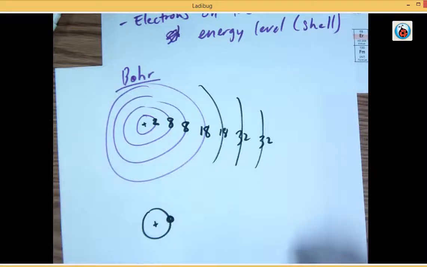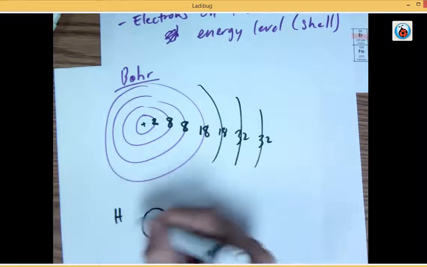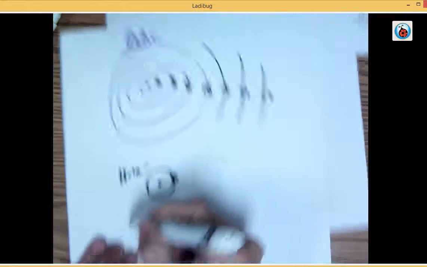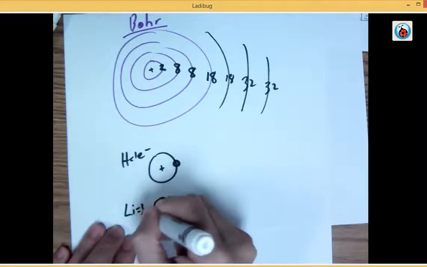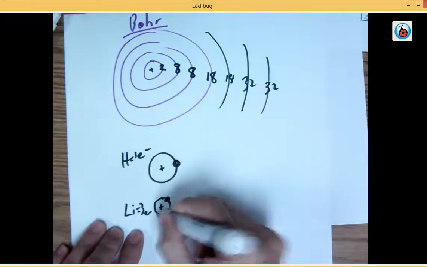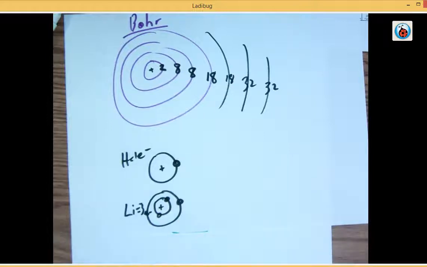Then we go to lithium, down 1 row. Lithium is element number 3, so it has 3 electrons. You put those here, 1, 2, and then that ring is full. We need to add another ring, and notice it has 1 on the outer shell as well.